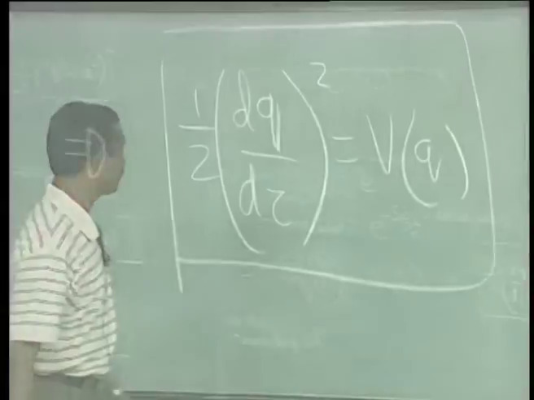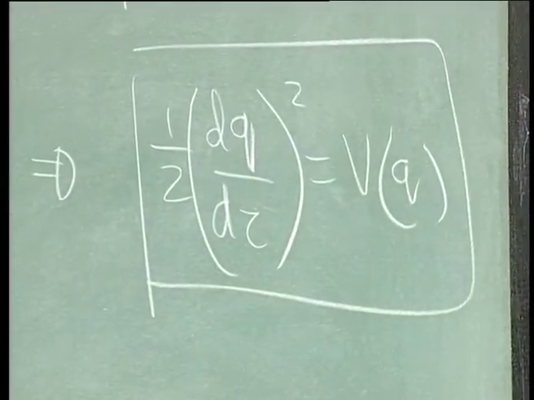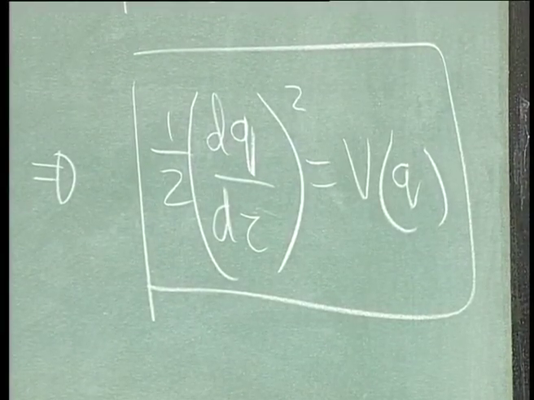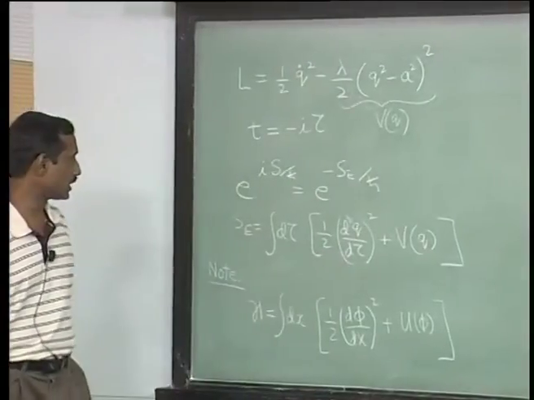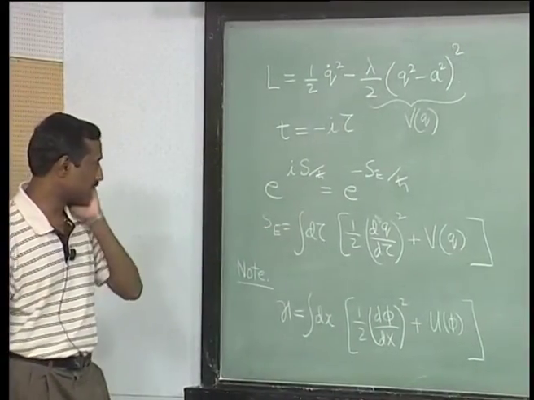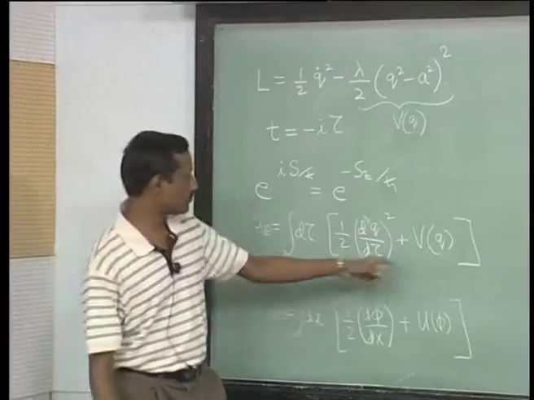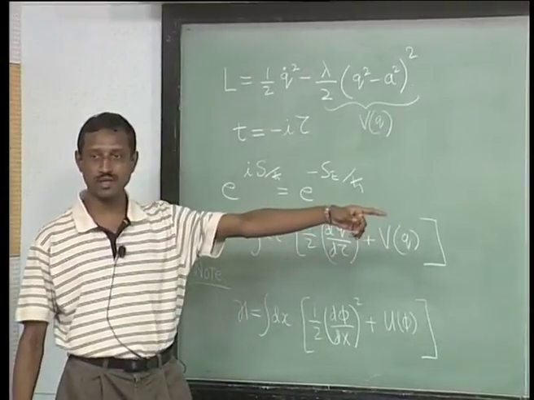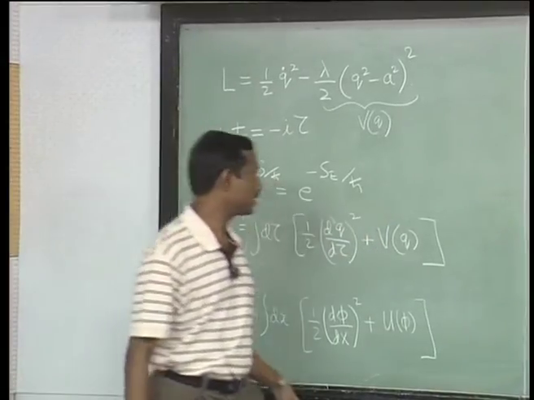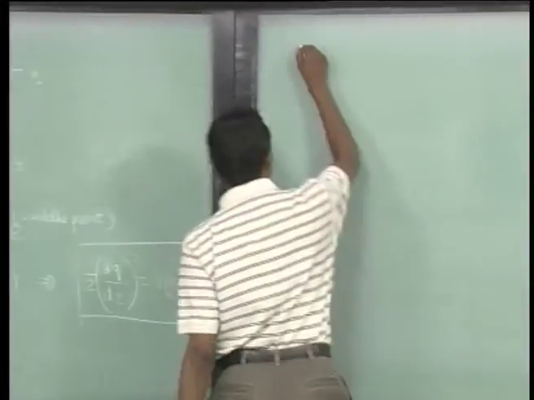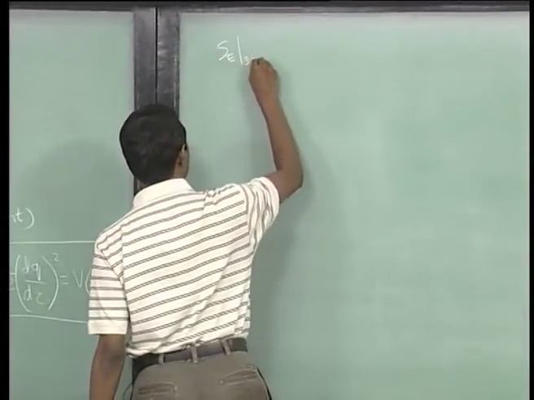Now the point here is to evaluate this action on this trajectory, and that is what I will do now. We need to evaluate the action S Euclidean on that saddle point, and you can see that V of q is nothing but half dq by d tau squared. So I can plug that back in.